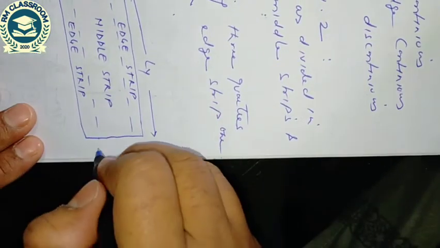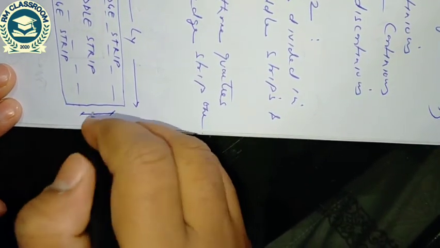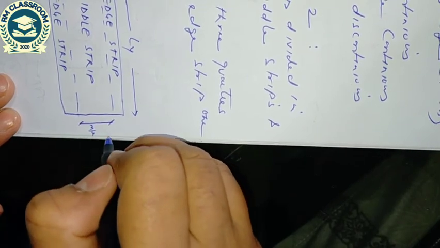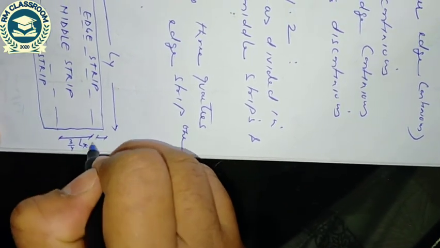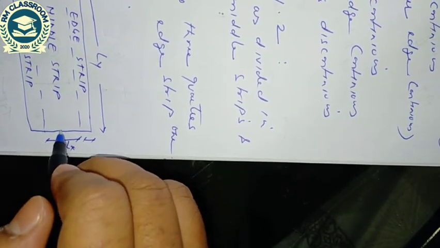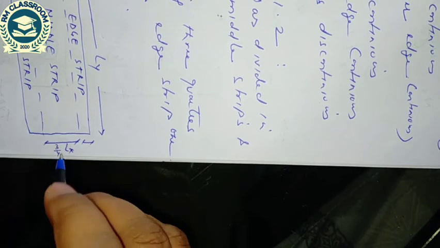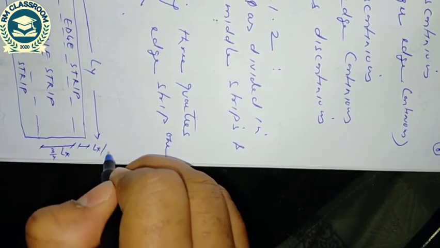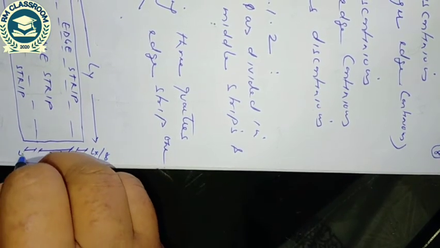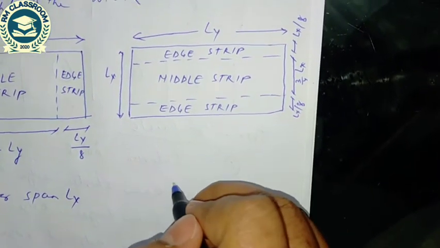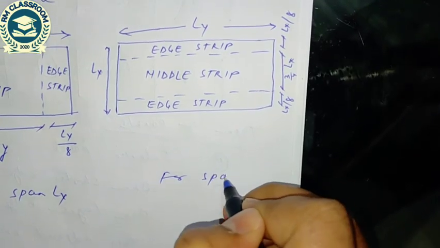So the width of the middle strip is 3/4 times Lx, sorry, 3/4 of the length, and edge strip is Lx/8 and Lx/8. So this is the division of slab into middle strip and edge strip. So this one is for span Ly.